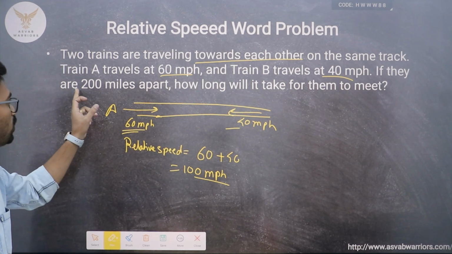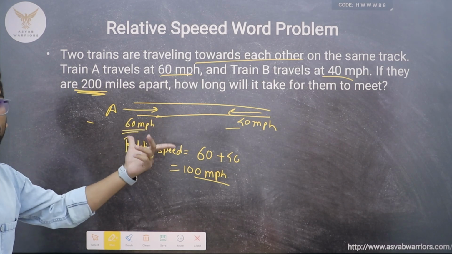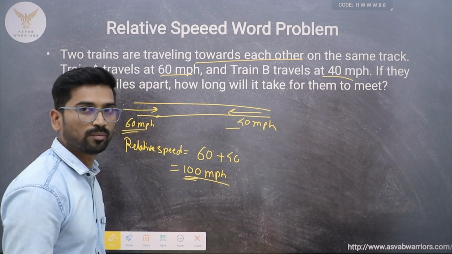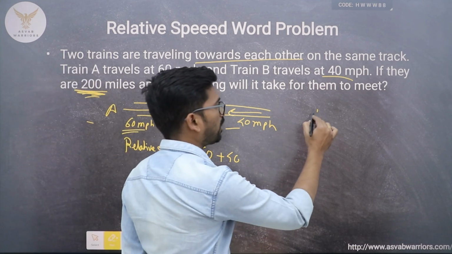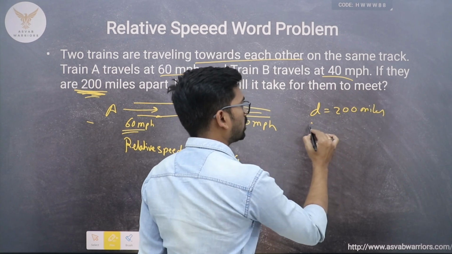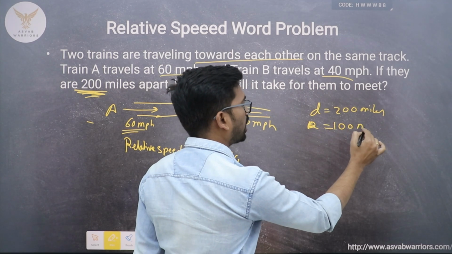Now we need to calculate, to cover this distance, how much time will both the trains take. So we will have to take the relative speed and distance as 200 miles. So we have distance 200 miles, speed or rate is 100 miles per hour.